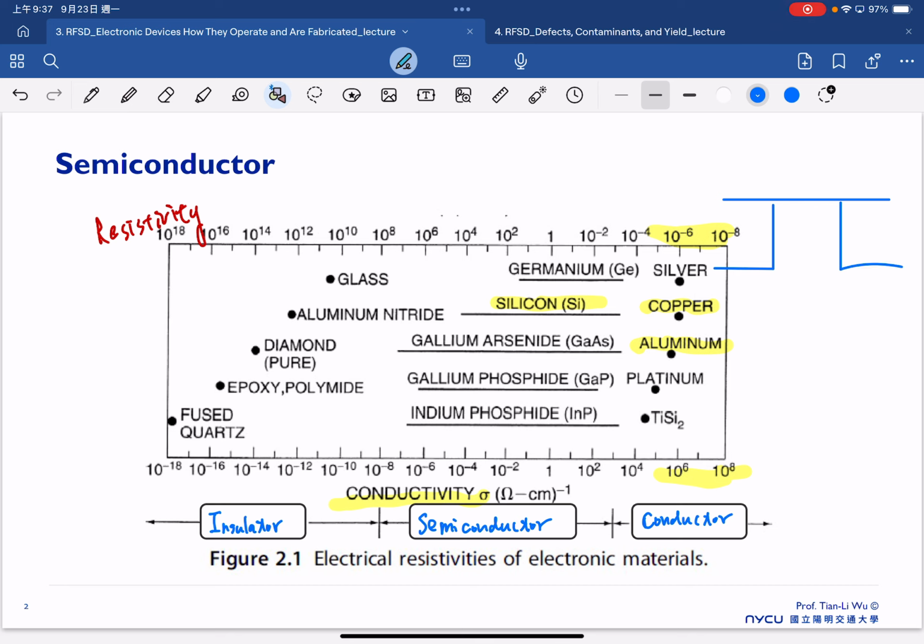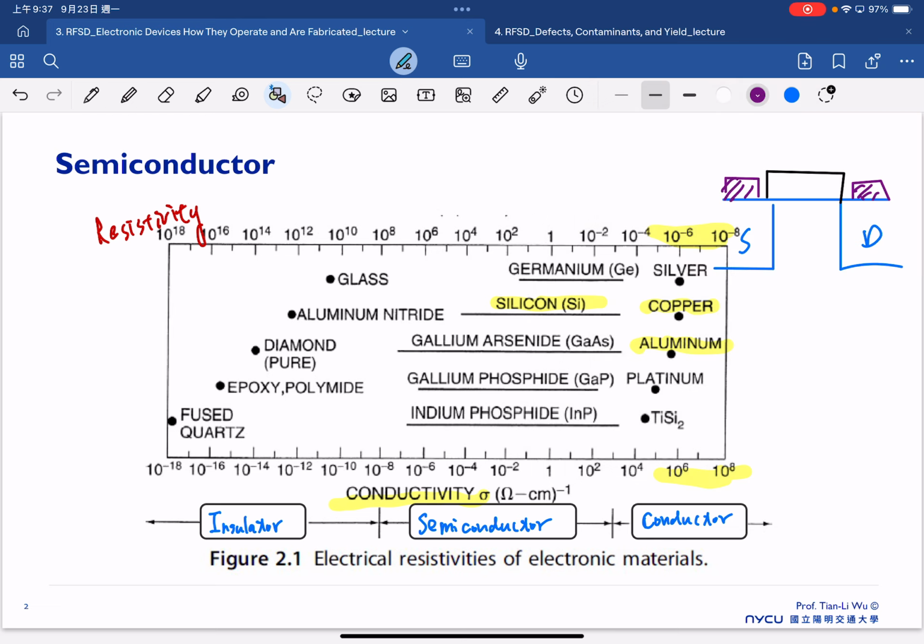So in the case of MOSFET, we have the source, drain, and then we have some metal here. And we also have the dielectric in this region.